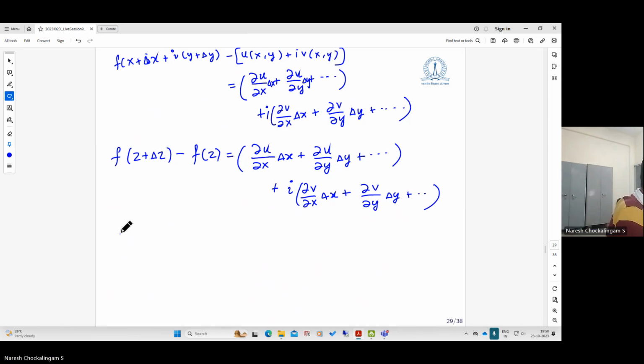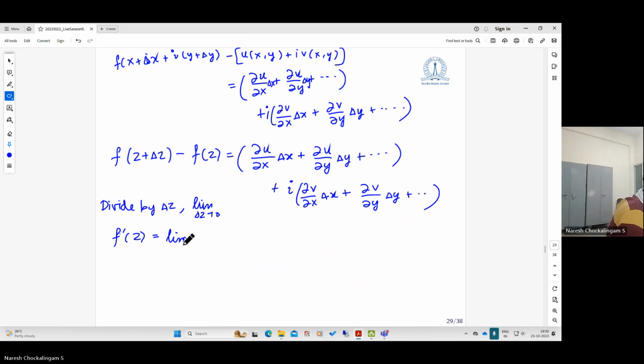So this becomes f dash of z. We divide by delta z and let delta z tend to 0.